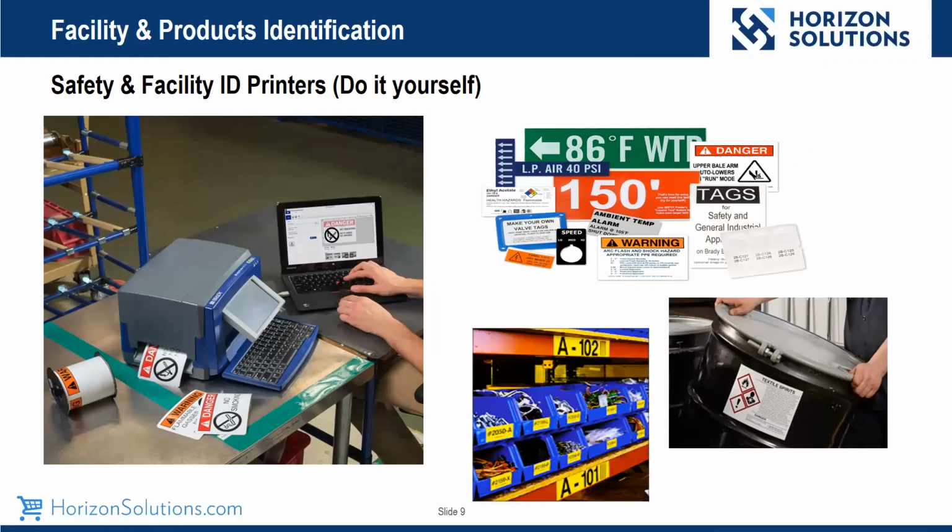As I move on to our safety and facility identification printers, this is going to offer you a do-it-yourself option. For those of you that don't have time to wait for off-the-shelf signs or custom signs made by a sign provider, printers go a long way in helping you get it done right then and there.